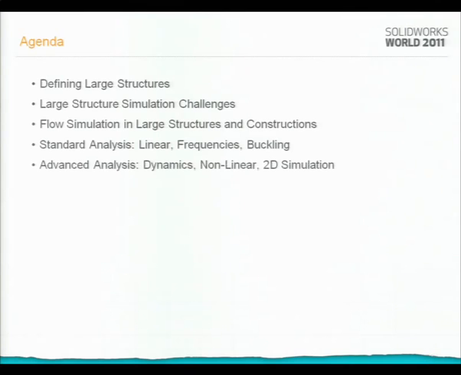To go deeper, we're going to see advanced analysis: dynamic, nonlinear, and 2D simulation. Large mechanisms, foundation structures. We don't have to forget foundations. Conclusion and question and answers.